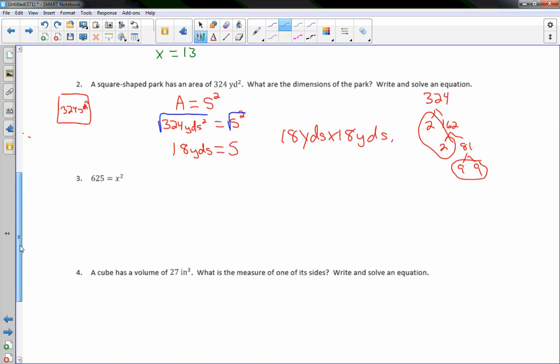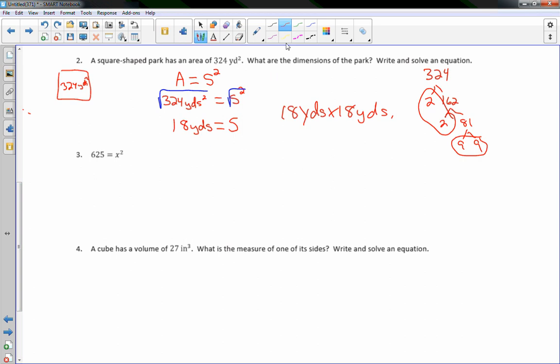Number 3, 625 equals x squared. So I rewrite the problem first. I want to get rid of that x squared, and the inverse of squaring is taking the square root. I get x equals the square root of 625, and if you don't know that, always do a factor tree.